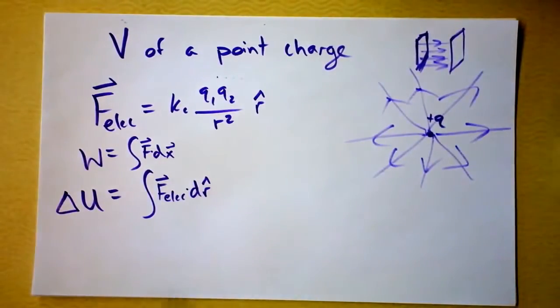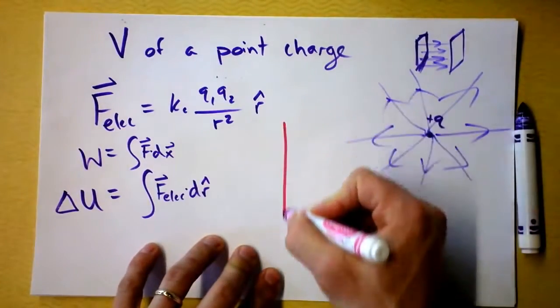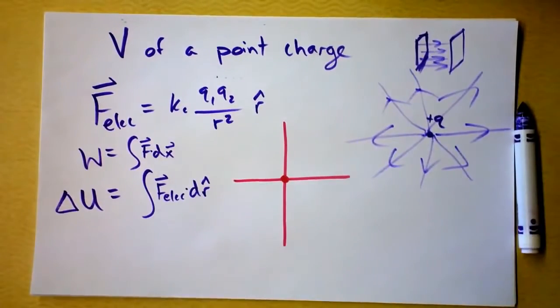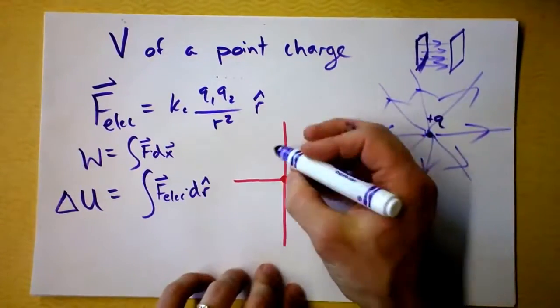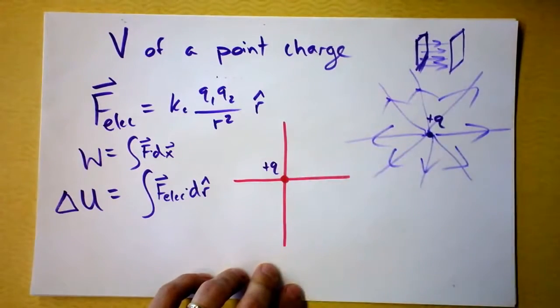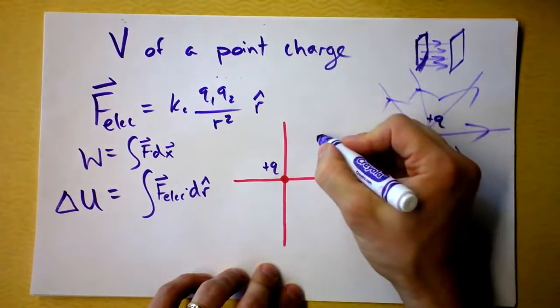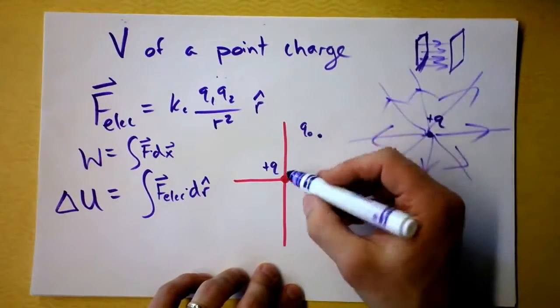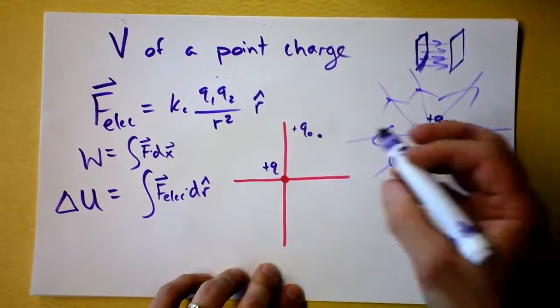Let's make this a little bit more concrete by actually setting a charge here. We'll need this picture on the next diagram as well, so I'll have to do that there again. But I want to put some charge here. Let's say I put positive Q right there, and I'm going to put another charge over here at some location, and we'll call it Q naught. It's assumed to be positive, so just make it explicit.